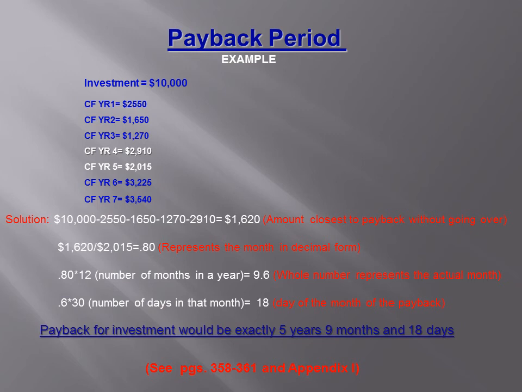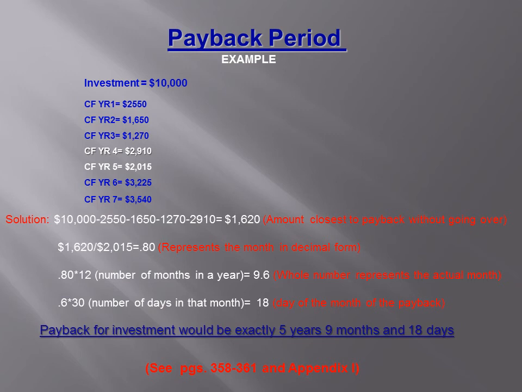Now the 0.6 tells me the day that I should expect to recoup my initial investment, assuming my cash inflow numbers are correct. So I would multiply 0.6 times the number of days in that month.